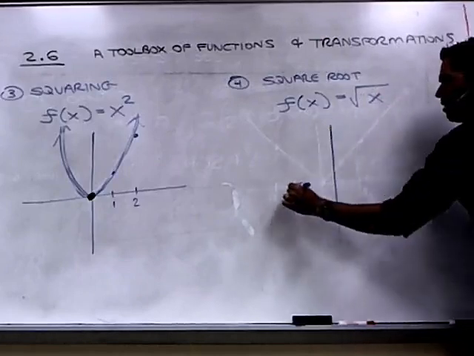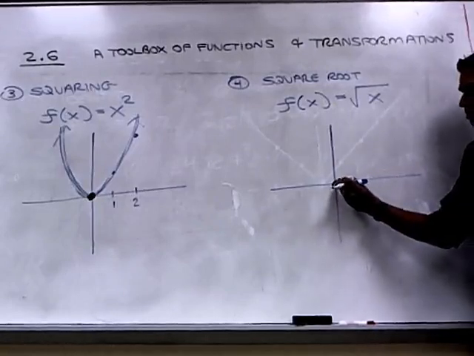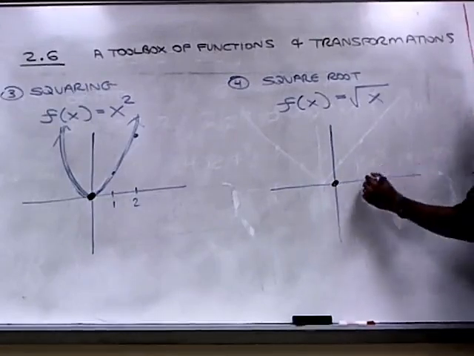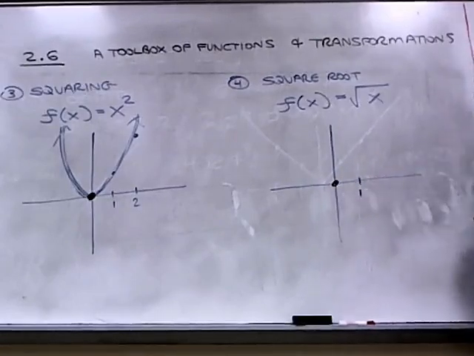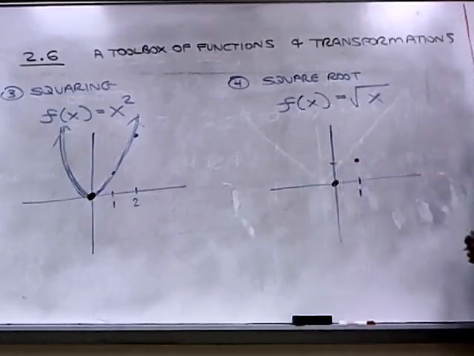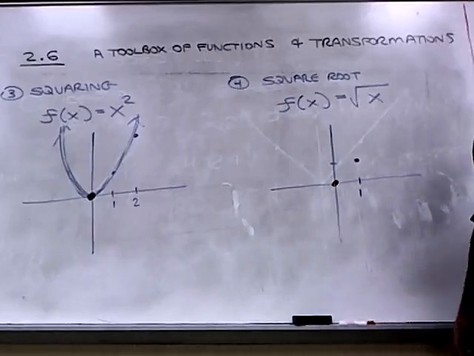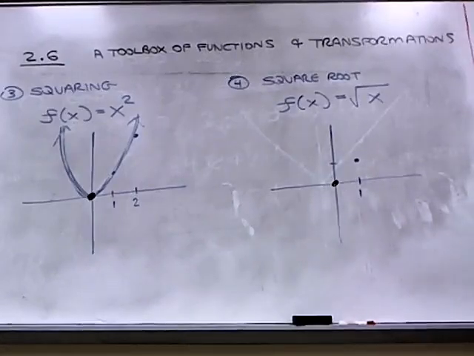So whenever I draw this, can I plug 0 in? Square root of 0 is 0. Can you take the square root of 1? What's square root of 1? 1. So we have this point here. Square root of 2, can you take the square root of 2? You can, but does anyone know what it is? It's like 1.414, something like that.